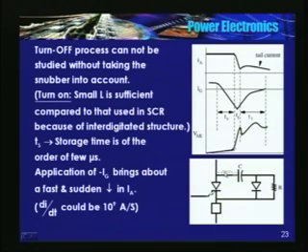You wanted to turn off the thyristor, so Ig has reversed, for some time Ia remains constant, and from Ts onwards anode current falls at a very fast rate.